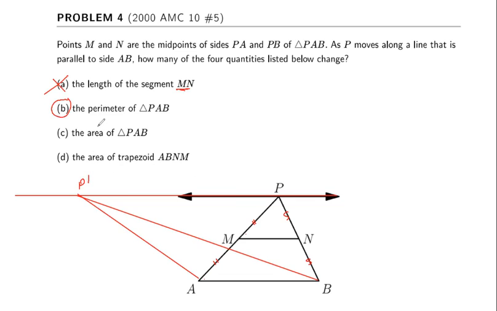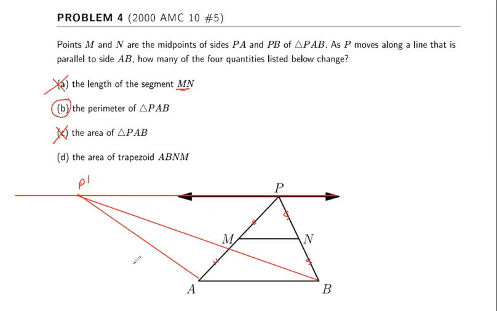But for the area of PAB, even though you drag all the way over here, the distance between this line and this line, which is our height, will not change, regardless of where you drag point P. The height for side AB does not change, and AB as a base doesn't change either, so the area doesn't change. That's really nice, because if two triangles share the same height and the same base, you can tell they have the same area.